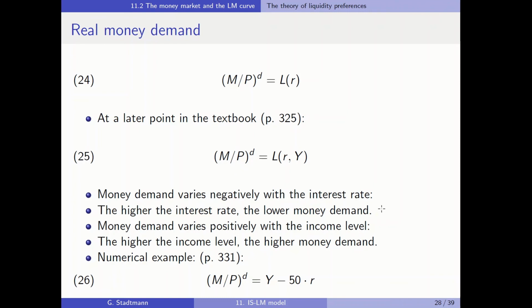The higher the interest rate, the lower money demand, because there is a negative sign in front of this coefficient. This 50 implies that when the interest rate increases by 1 unit, let's say from 4% to 5%, money demand decreases by 50 units.